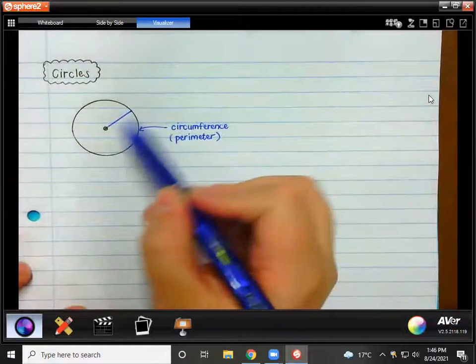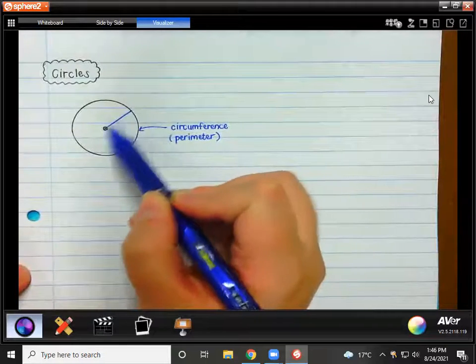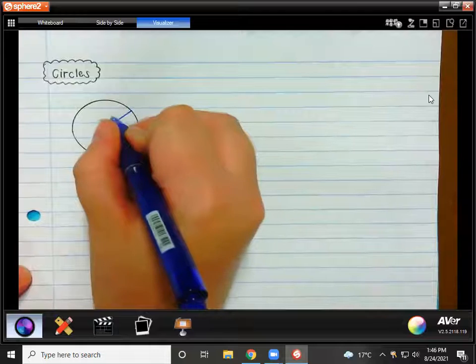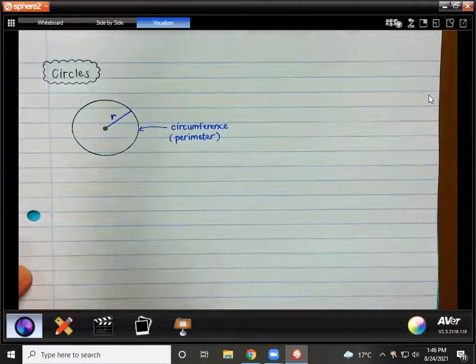Now this line that I've drawn from the center of the circle to the circumference, to the edge, is called a radius. So we'll just put an R there next to it.